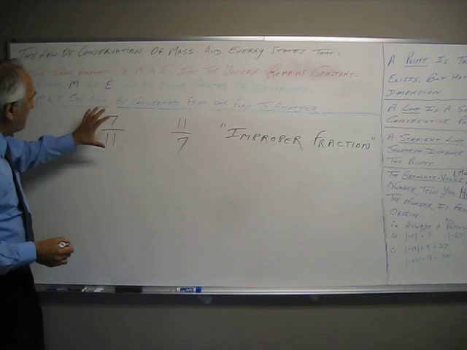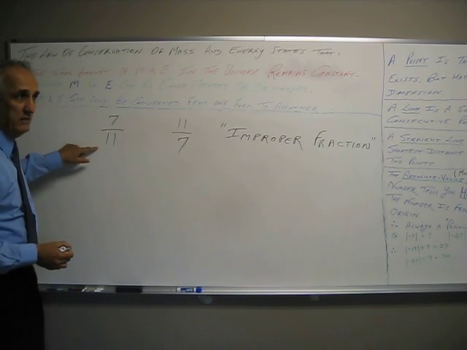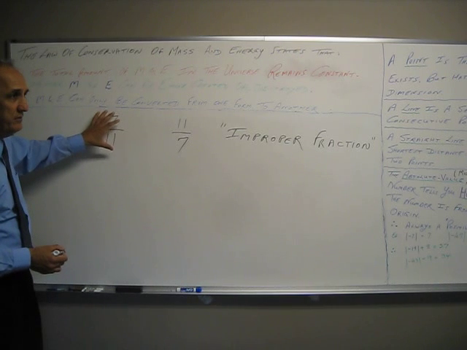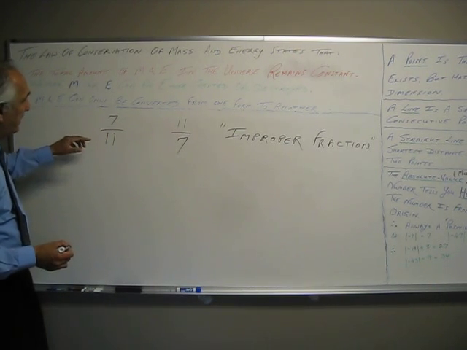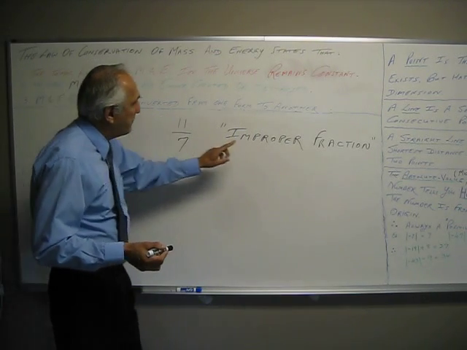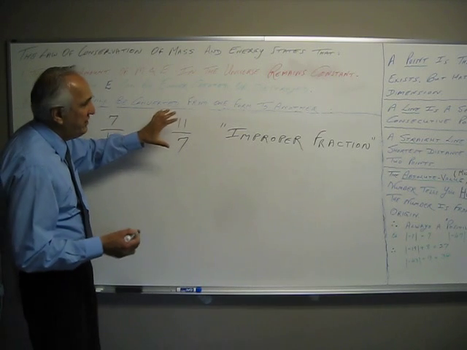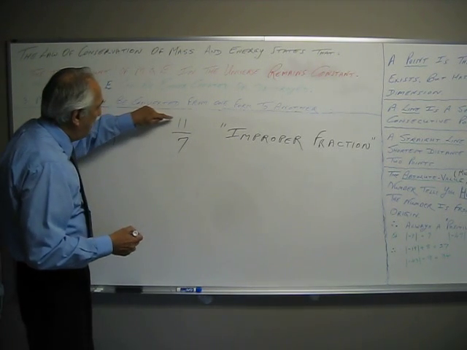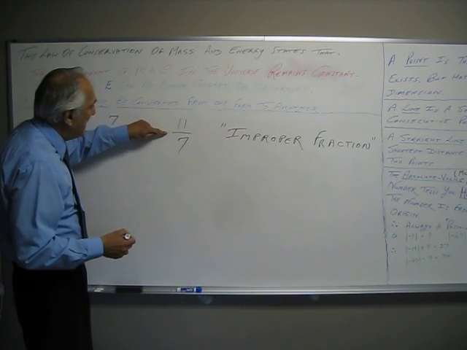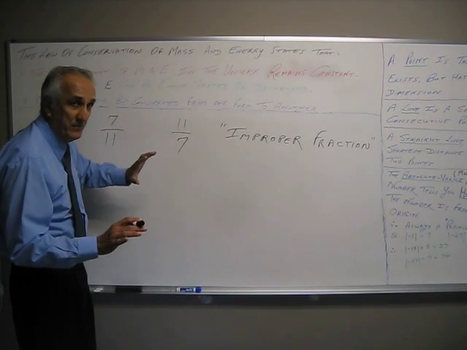Seven out of 11 is a proper fraction. I can give you 7 out of 11. It's a proper fraction because I'm not giving you the whole thing. 11 out of 7 makes no sense. Therefore, it's called an improper fraction. So how do we actually refer to these? We refer to these by the other ways. 11 divided by 7 or 11 divided into 7.